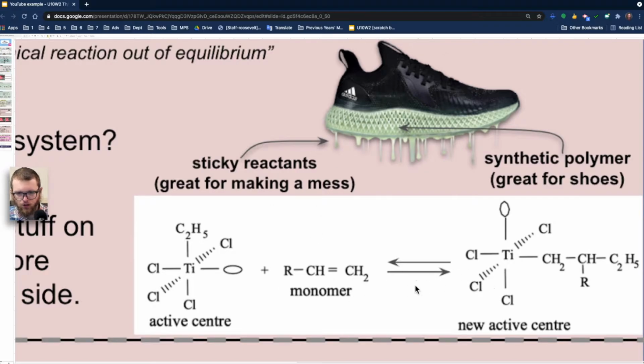If it was in equilibrium, we'd have this very nice bouncy polymer for our shoes, but we'd also have a lot of stickiness coming from the reactants. So in a situation like this, we would want to push it towards the side that's better for shoes and push it away from the messy side. That's why we would want to stress a system towards one thing and not the other. Also a very great example is the Haber process in synthesizing ammonia.